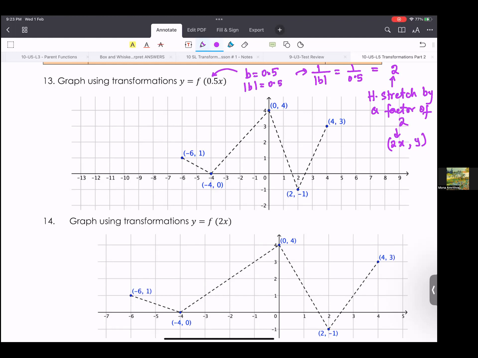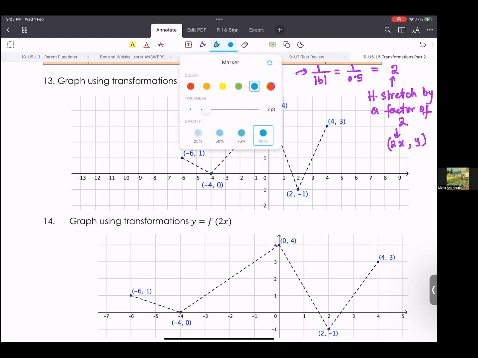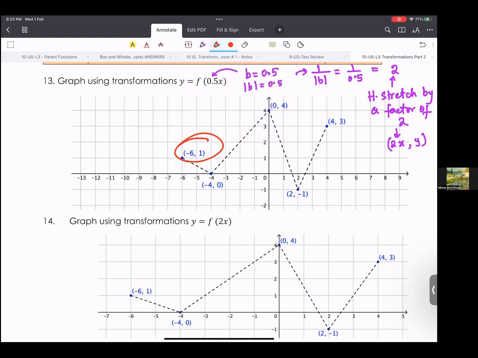So that means if you have negative 6, 1, so we're looking at this value here, that value ends up becoming negative 12, comma 1. Because the x values are doubling, right? Negative 4, comma 0 ends up becoming negative 8, comma 0.